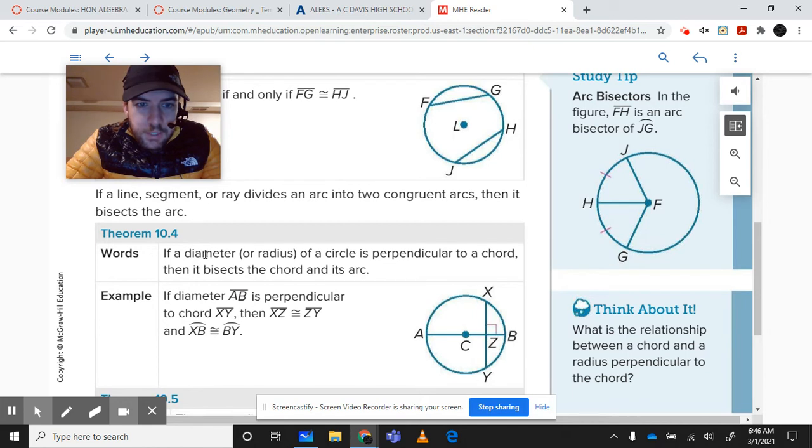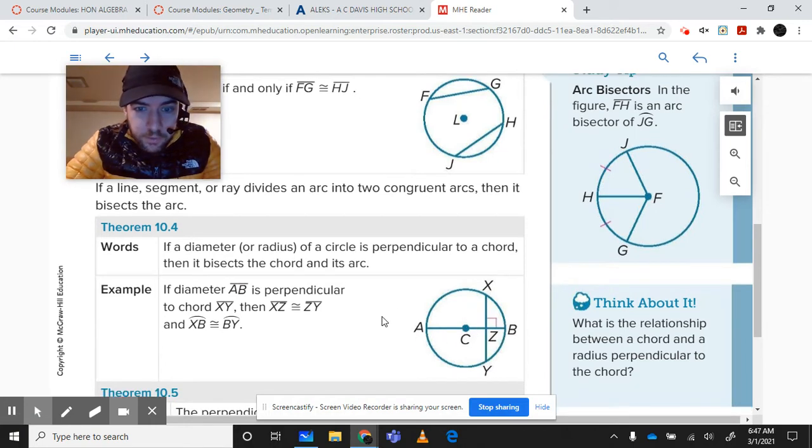Now this part says if a diameter or radius of a circle is perpendicular to a chord, so right here we see that 90-degree angle, so we can tell that our diameter is perpendicular to this chord right here, then it bisects the chord and its arc. So if we have a perpendicular chord, then that chord is being cut in half by the radius or the diameter, whichever way you want to say it.